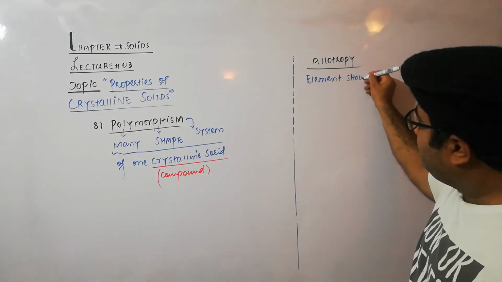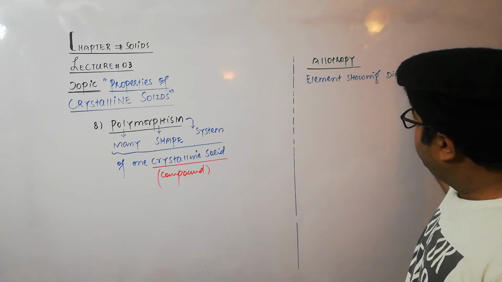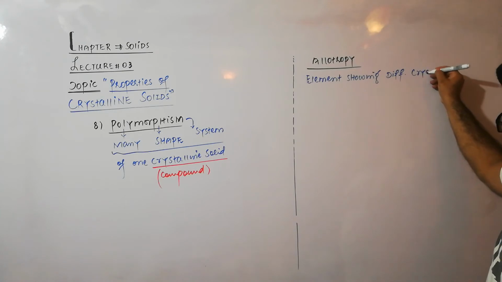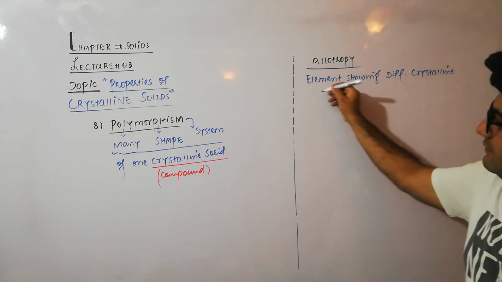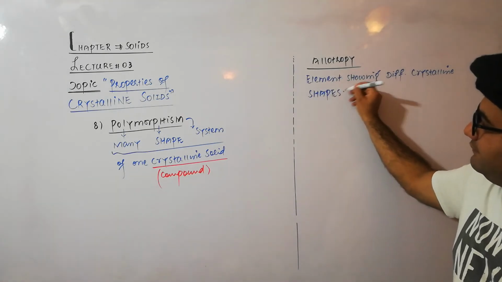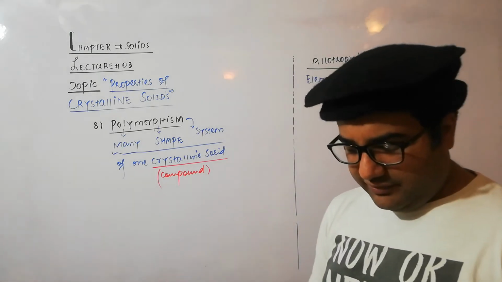And if there is an element showing different crystalline shapes, then this phenomenon is called allotropy. It is not called polymorphism.